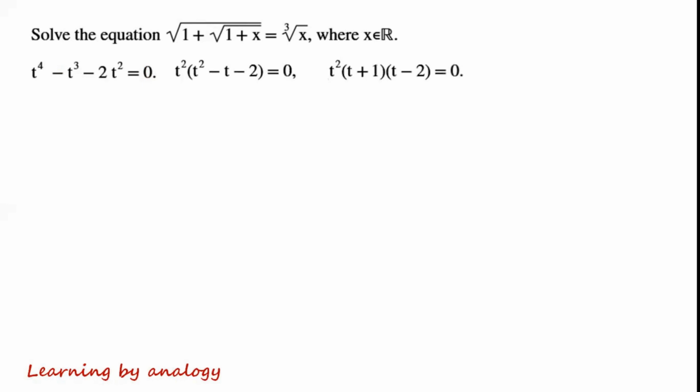By further factorising, t squared times (t plus 1) times (t minus 2) equals 0. So either t equals 0 or t equals minus 1 or t equals 2.